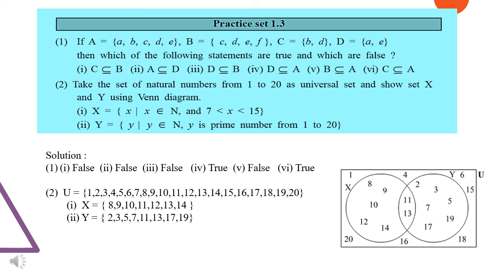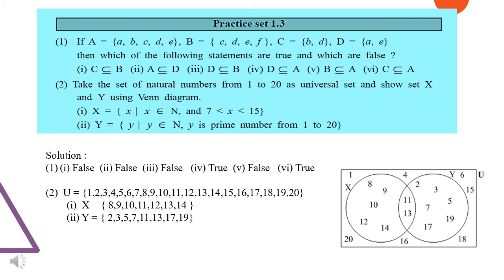They have told us X is equal to {x such that x belongs to natural numbers and x is greater than 7 and less than 15}. So which are the natural numbers greater than 7 and less than 15? Yes. So these numbers are 8, 9, 10, 11, 12, 13, 14. So X is equal to these numbers.